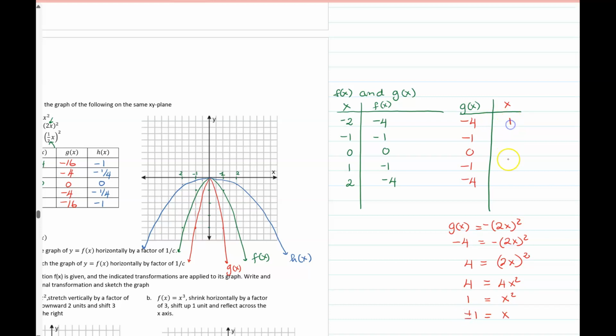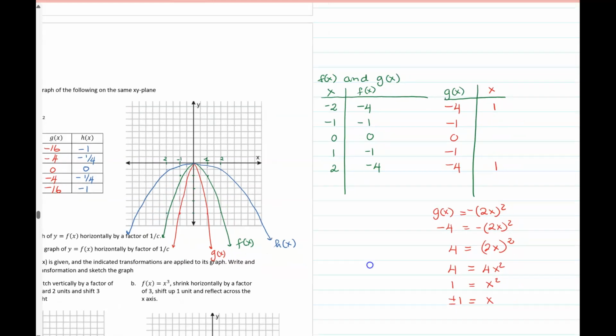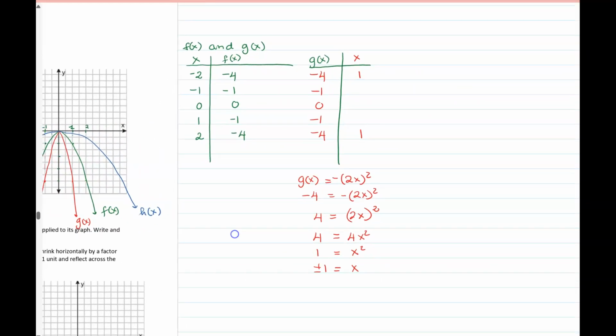So here x has to equal 1. If I want g of x to be equal to -1, what would happen? So replace g of x by -1.